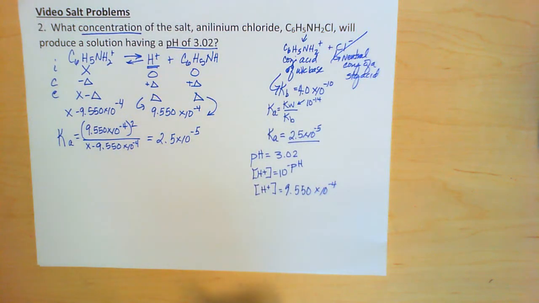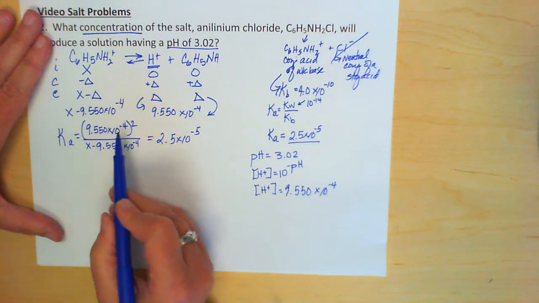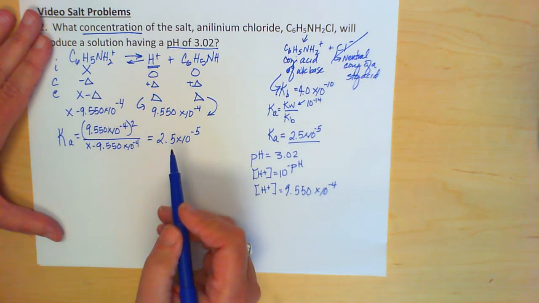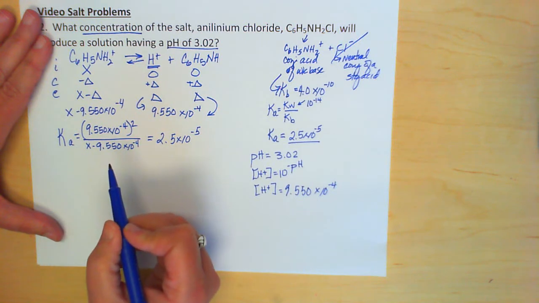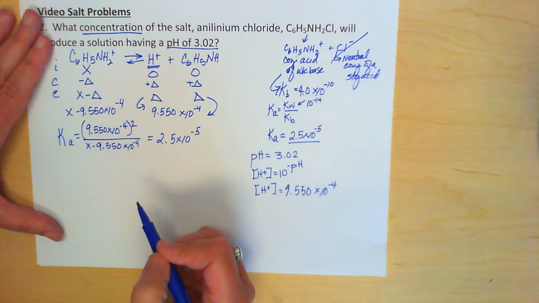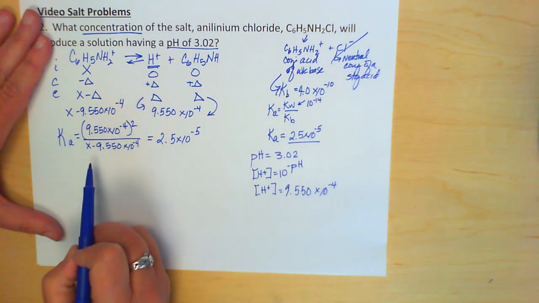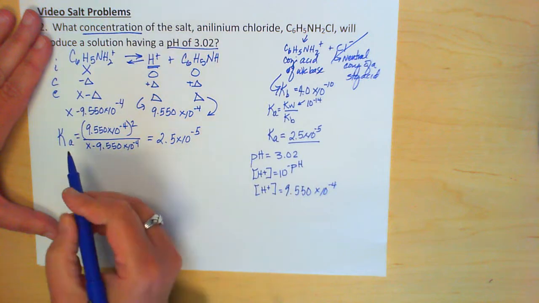Now, there are a couple ways to work the math from here. You just follow the rules. I tend to work it one way and everybody else tends to work it another way. Basically, you square this value and you multiply this by this and distribute it out.